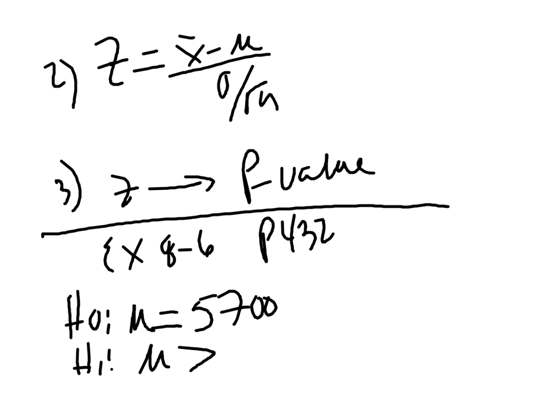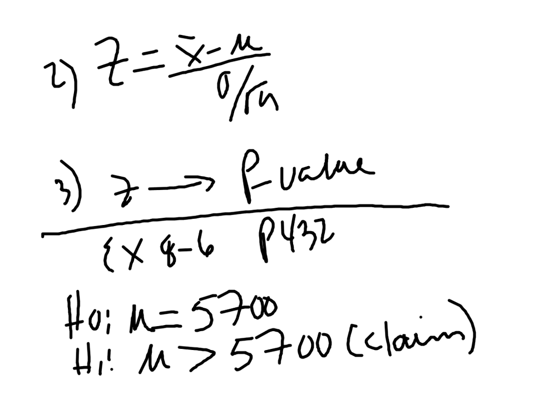This whole claim thing I've mentioned is used in this book, but I prefer to just reject or not reject when I'm summarizing. But I will continue to follow the book's procedure. Anyway, the rest of the information I'll go ahead and put on the top of the next page there, and you can certainly follow along.